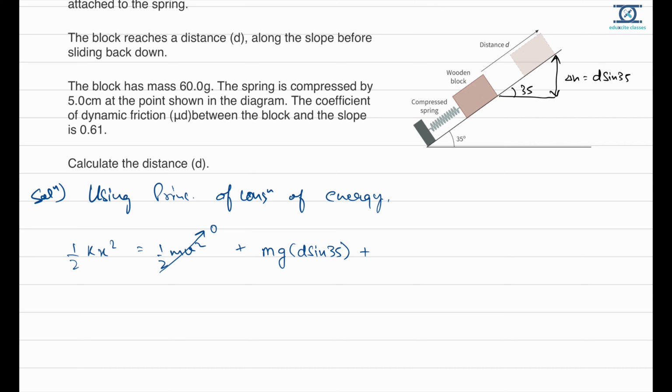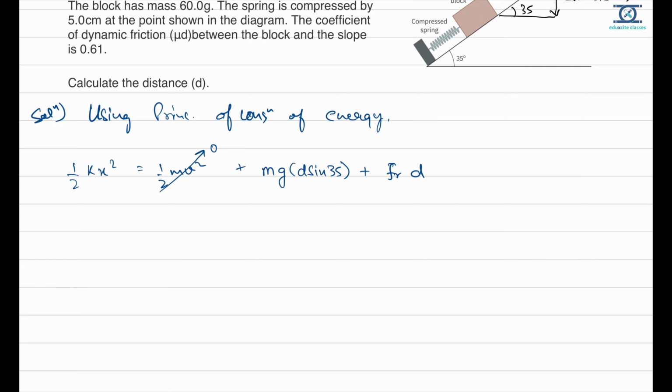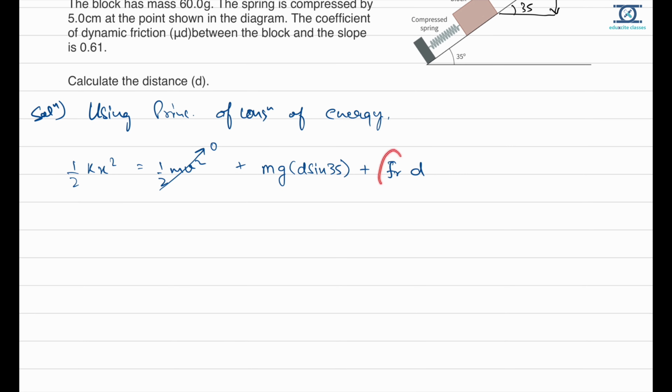Plus, due to friction there will be work done against the friction, so some energy will be lost in the friction, and the work done by the friction is the friction force times displacement d. Okay, so now if we get this, we can find out d. Now friction, we know friction is what?